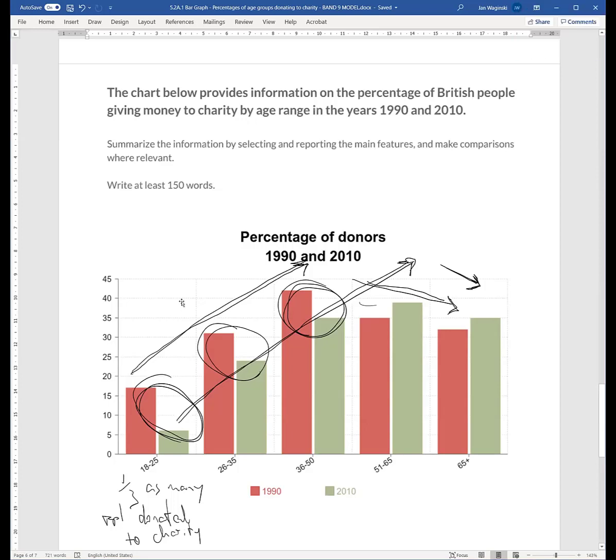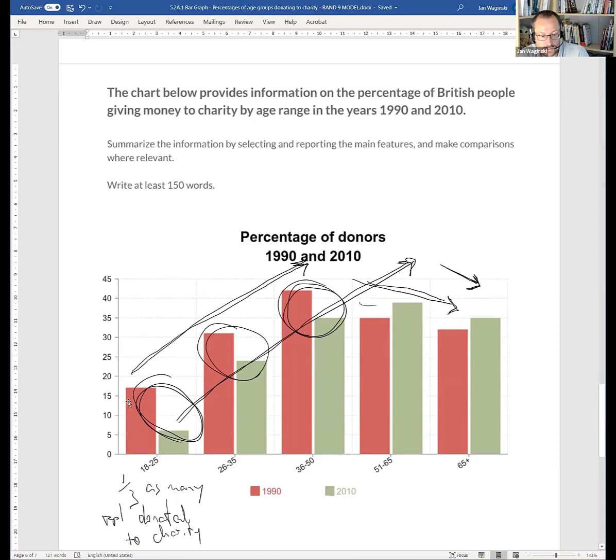So that 11 percentage point difference, and it's not percent difference, it's percentage point difference, doesn't mean that much. Percentage point differences don't mean that much for analysis purposes. It's the percentage differences that mean something.